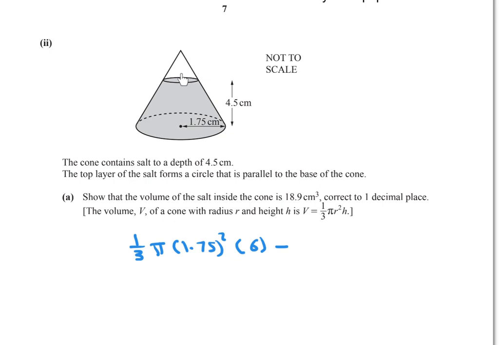Because the height of the original cone is 6 centimeters and the height of the salt is 4.5, now you can subtract to find the height of the small cone, so 1.5 centimeters. Now we have the height, we need to find the radius.